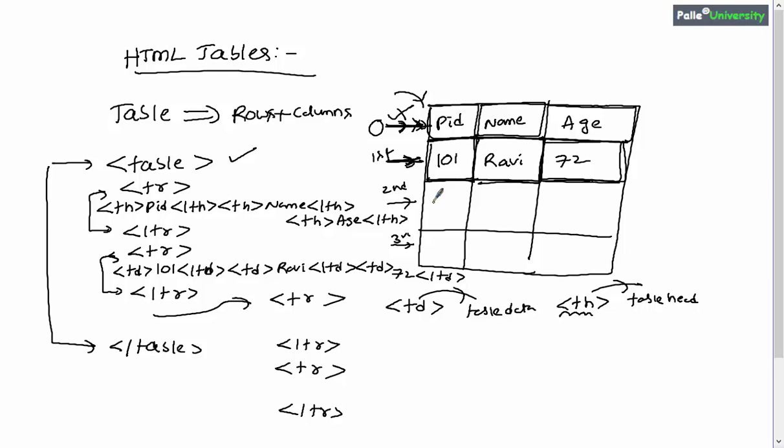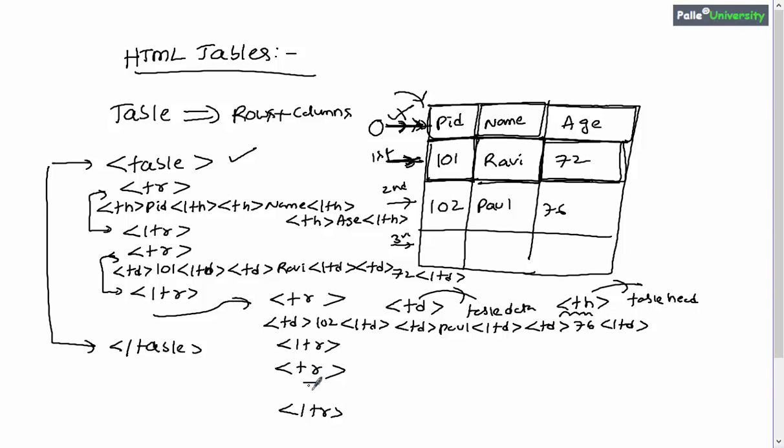Let us say inside this second row I want to give the patient ID as 102, maybe Paul, 76. How to do this? Inside this second row, td 102 end of td, again td Paul end of td, next td 76 end of td.